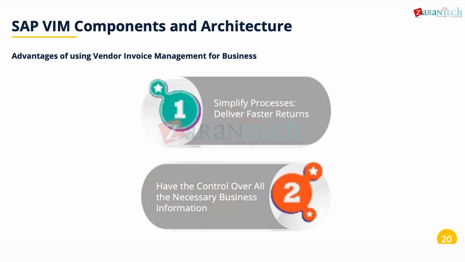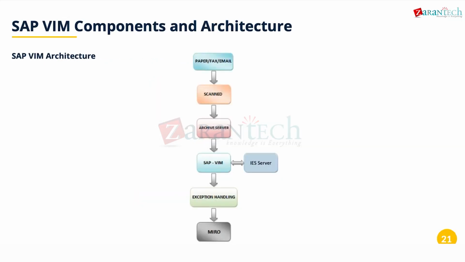If the audit team comes in, they want to know whether your overall flow is working properly and whether all the compliance related checks are being done. This way, you will have control over all the necessary business information and simplify the overall process. And this is just another slide with the architectural technical components in the picture.